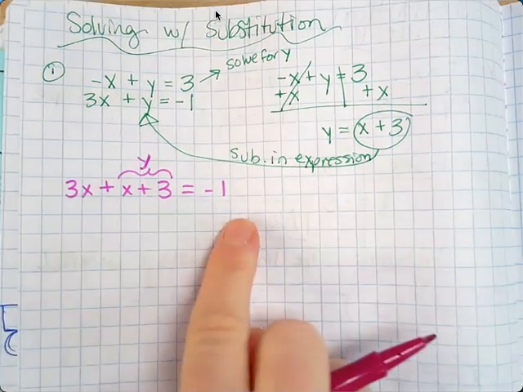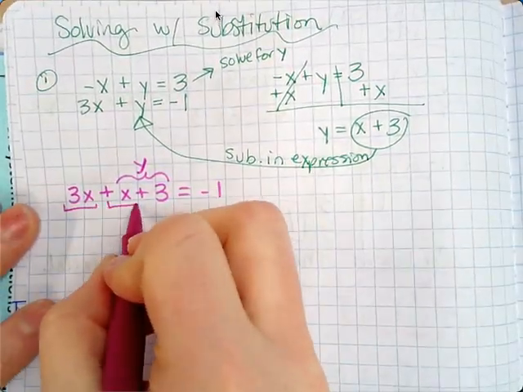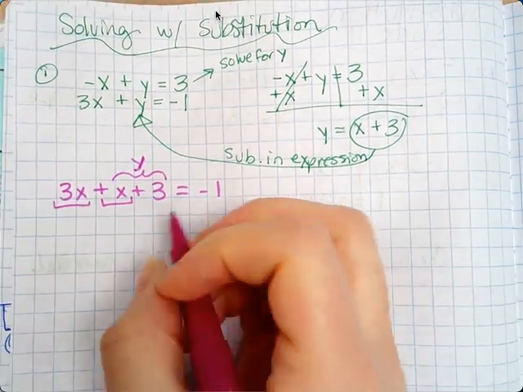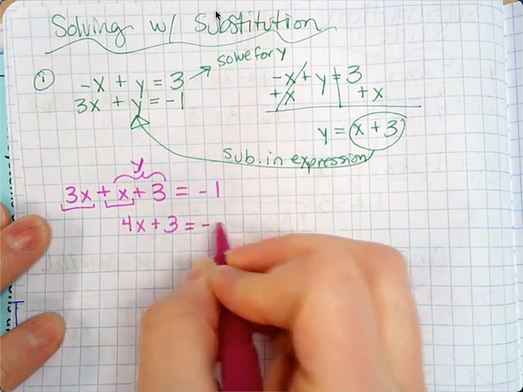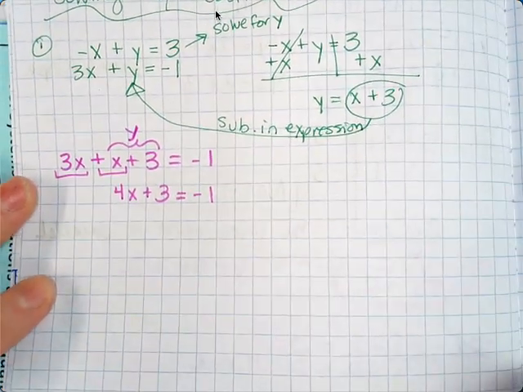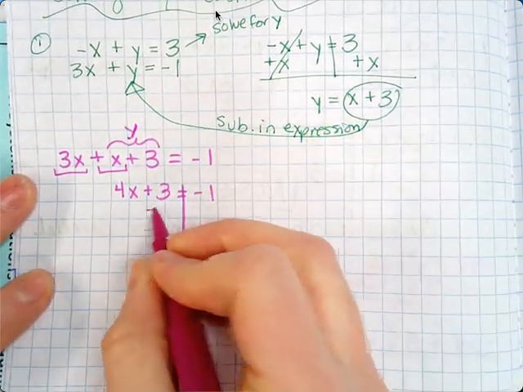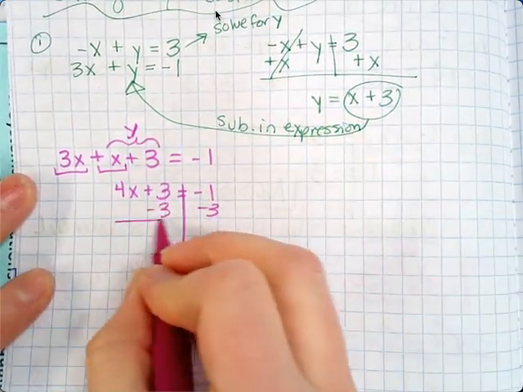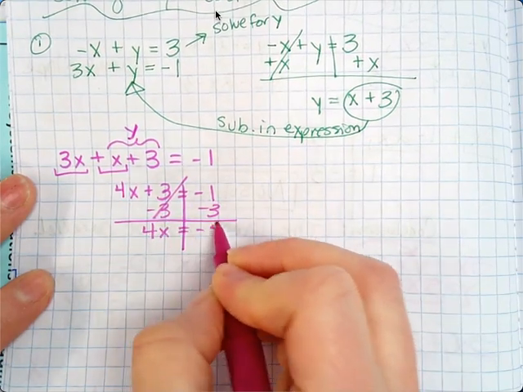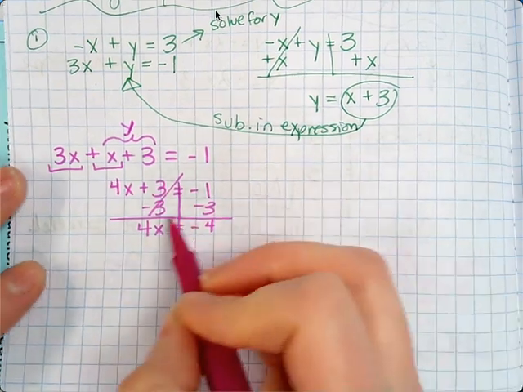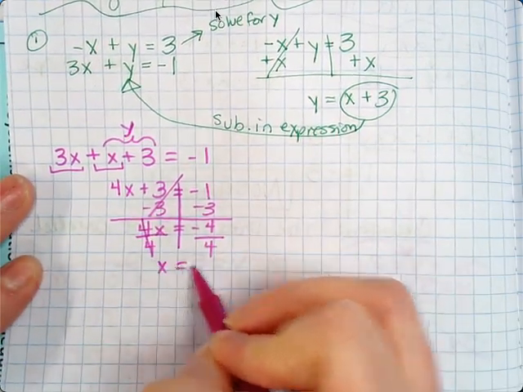And now we have an equation that only has x. So we can combine like terms, 3x and x, make 4x plus 3 equals -1. And now we're just going to solve for x. So I'm going to subtract 3 on both sides. 4x equals -4. Divide by 4. x equals -1.